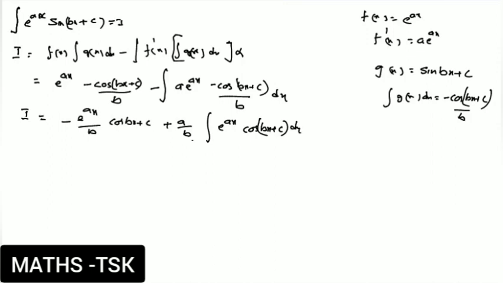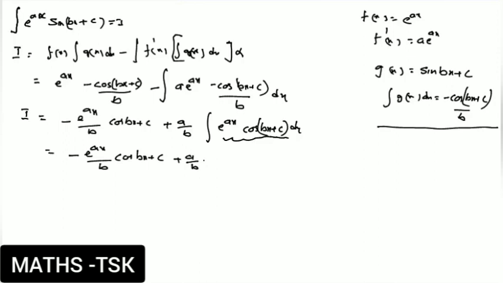Now we go for the integration again. For this, again I apply By parts. Look here, for this By parts, I directly do By parts: minus e power ax by b cos of bx plus c, and then plus a by b into e power ax as f of x.